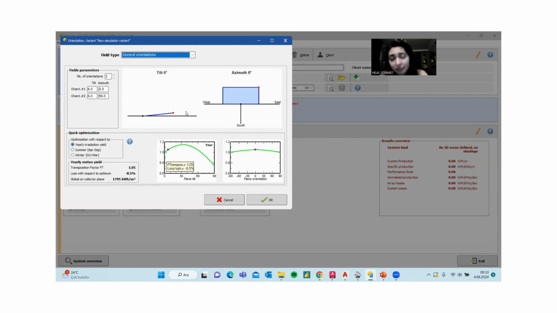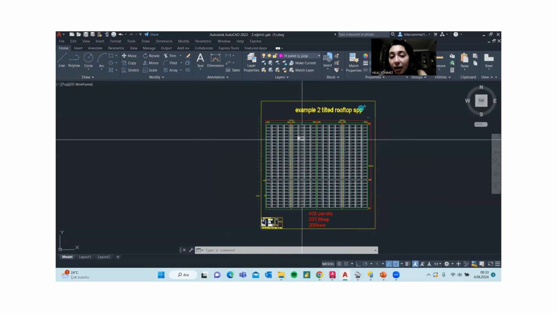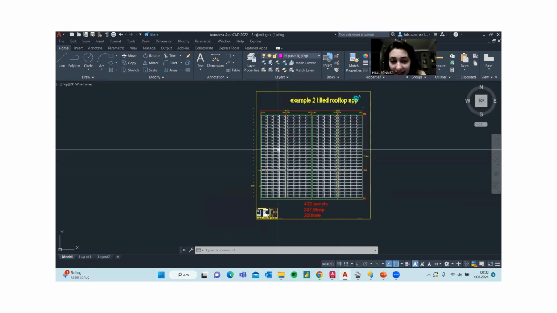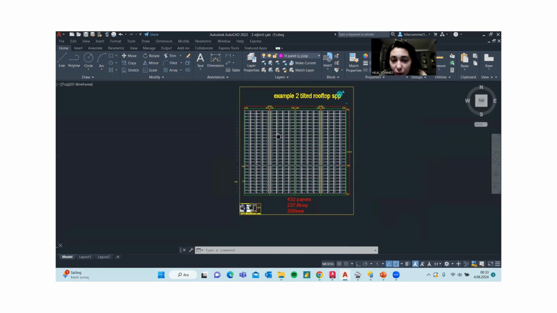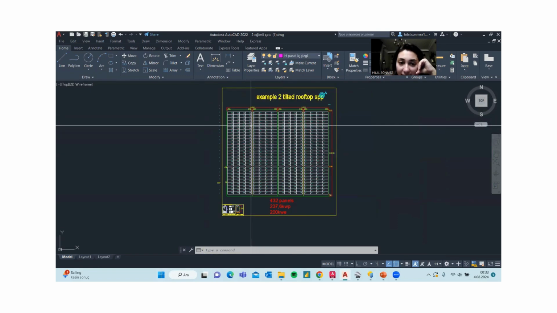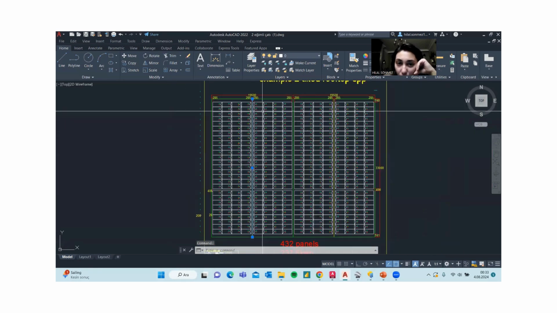For that, if we are working for a company, generally we will have a CAD file for the placement of the panels. For example, for our two tilted rooftop solar power plant system, we drew a panel placement like that. As you can see, this line is one ridge of our roof.